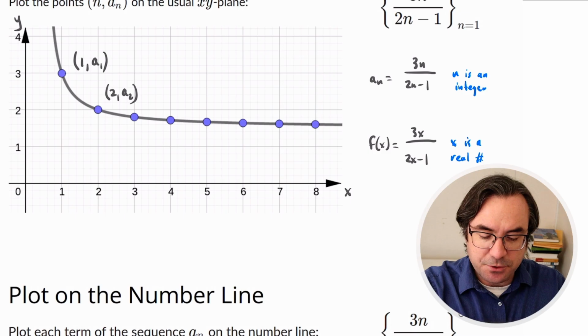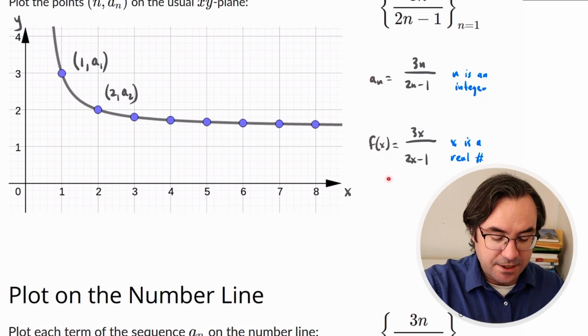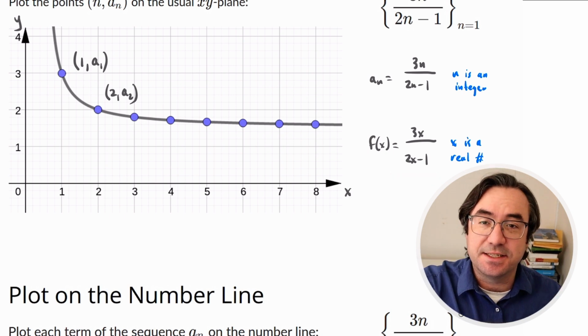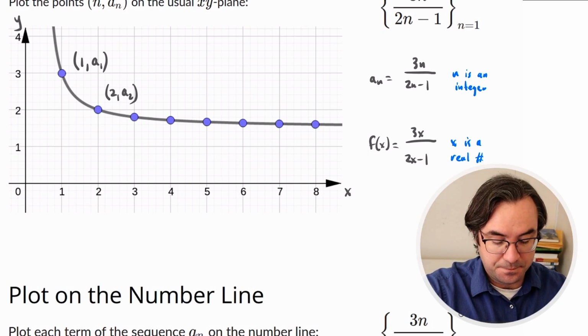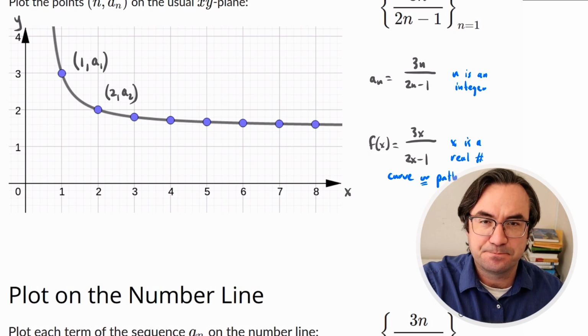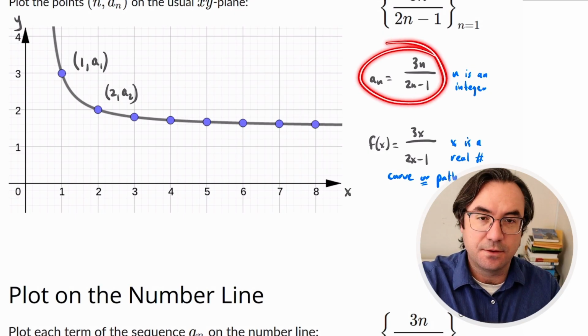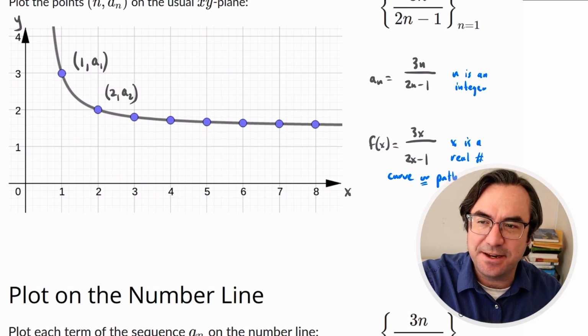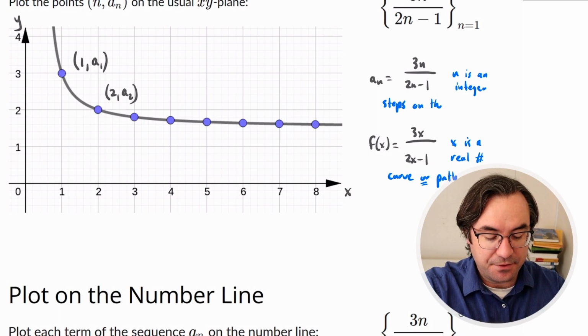So what's the difference between these two things? Well, when we consider a function like this with x's, this is giving us a curve. You can think of that curve as a path. And when we talk about a sequence with integer inputs n, you can think of this as steps on the path.